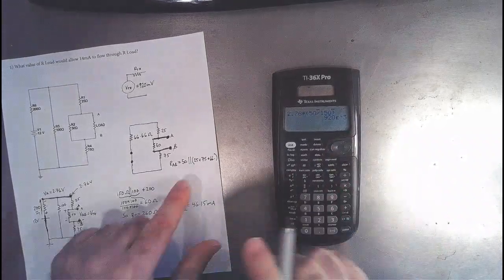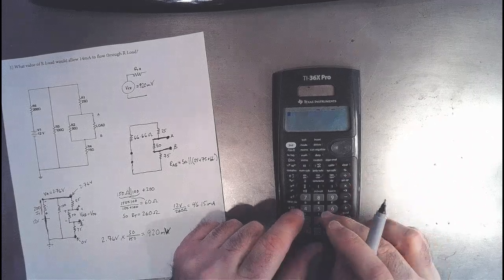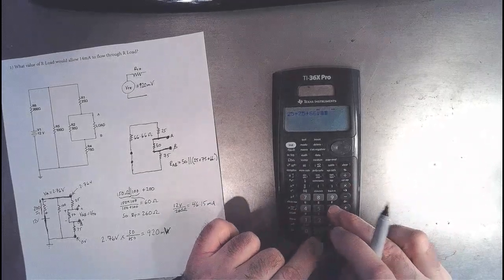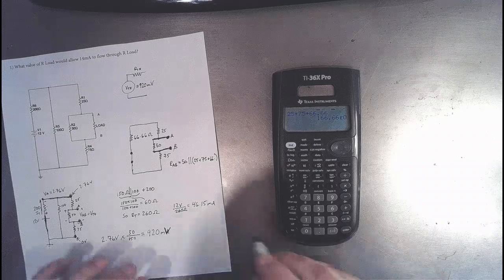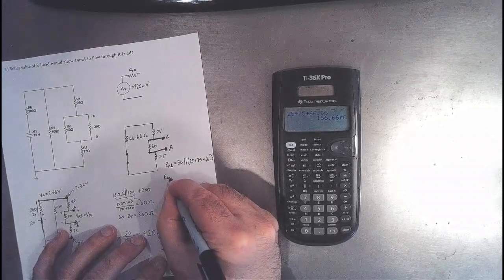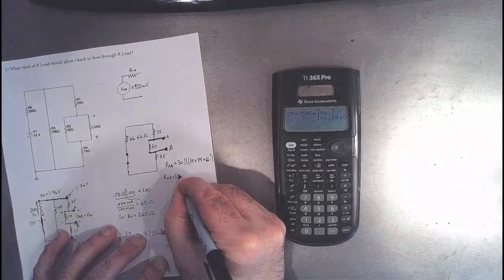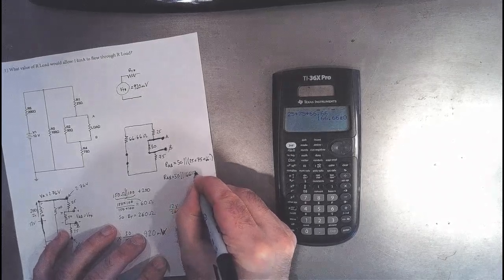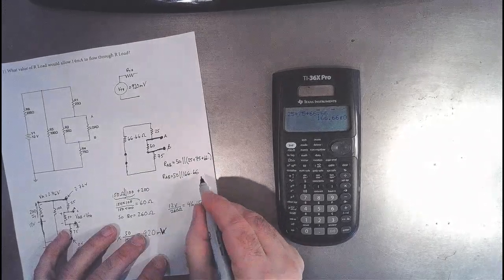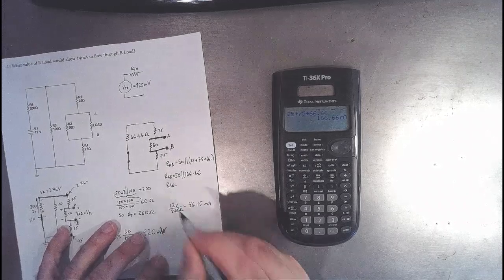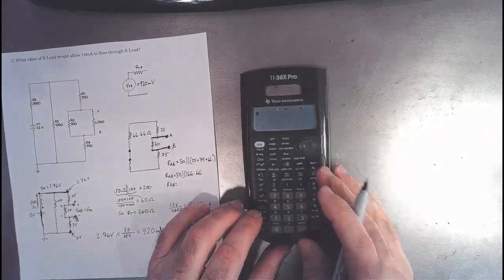So let me do that math so I can clean that up a little. 25 plus 75 plus 66.66 is 166.66. So RAB is 50 ohms in parallel with 166.66. So let me figure out what that is. I'm going to do product over sum.